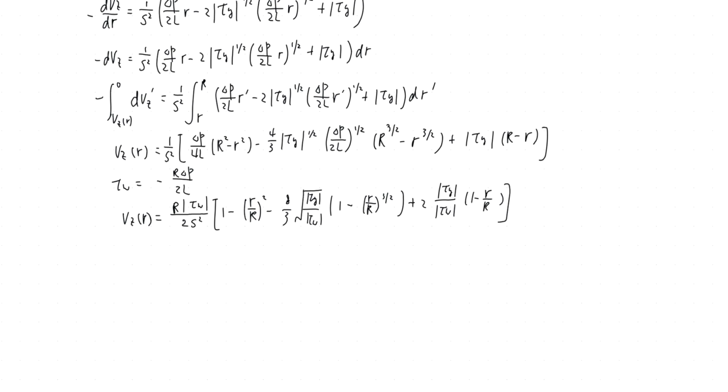So this equation is only valid for r critical less than or equal to little r, up to R. So this is in the region that is not the plug flow region.